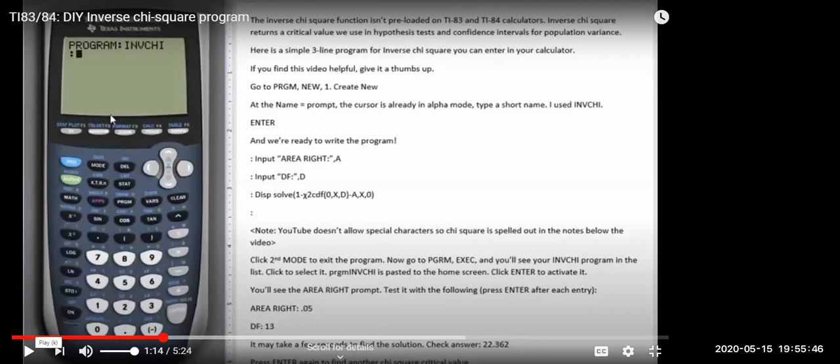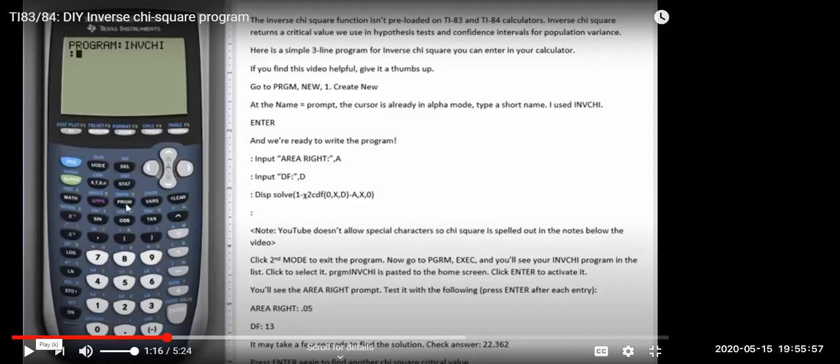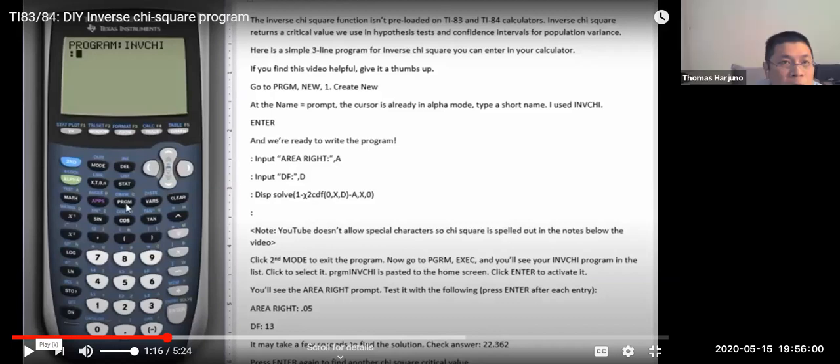After you name it, press enter. And then after that, to get into that input, you will press program and then I/O and then input.